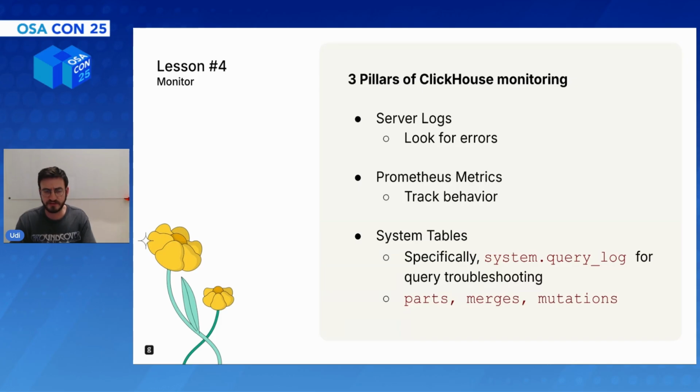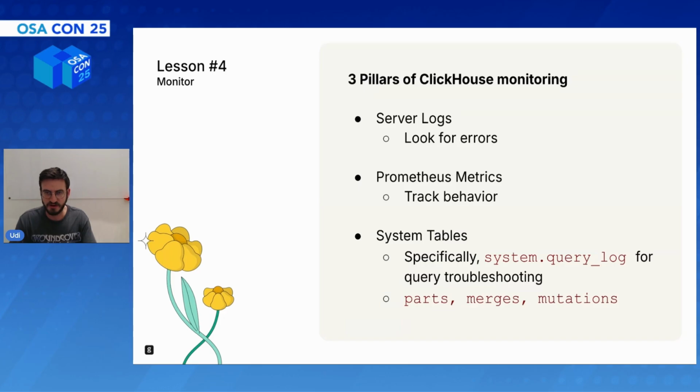But the most advanced tool is the system tables. There are lots of system tables in the system database, and basically the entire ClickHouse full state can be observed using those tables. Specifically, the query log system table is very important and very helpful when you want to inspect specific queries.